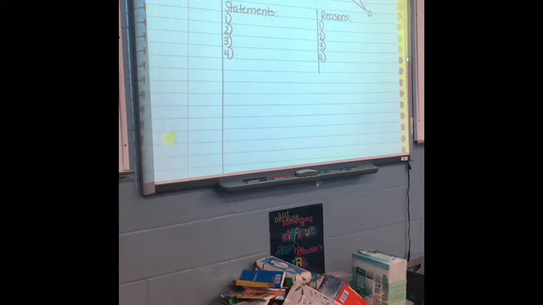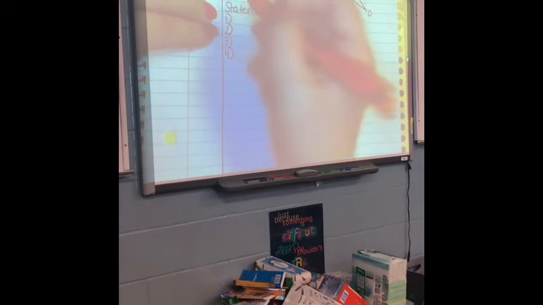Okay, so looking at the first 2 things, what do you think the first 2 statements are going to be about? What are you listing? What things are you going to put there? The given. There's 2 things given. I'm going to write the 2 things given.